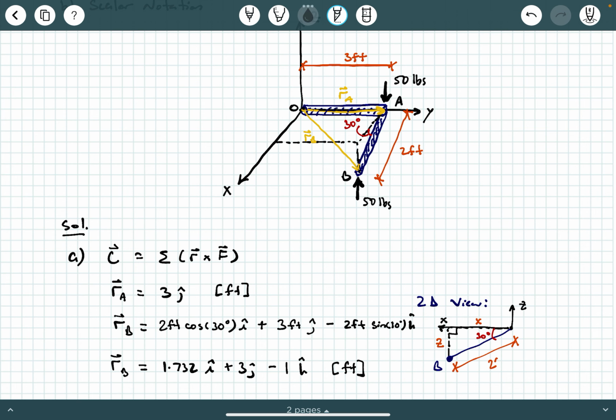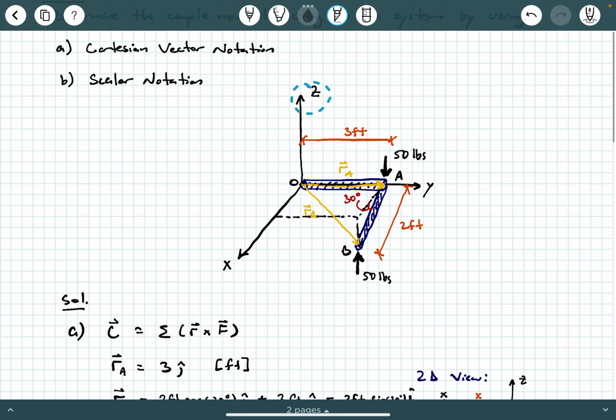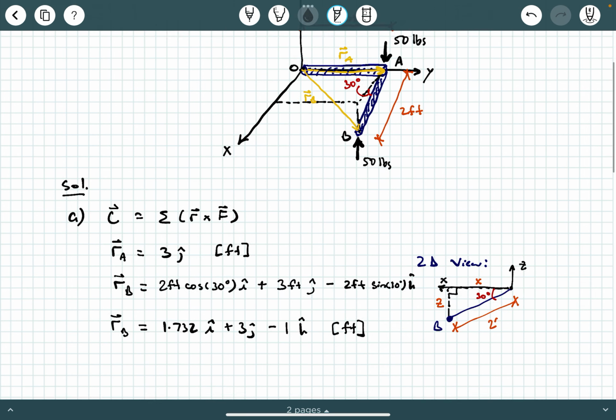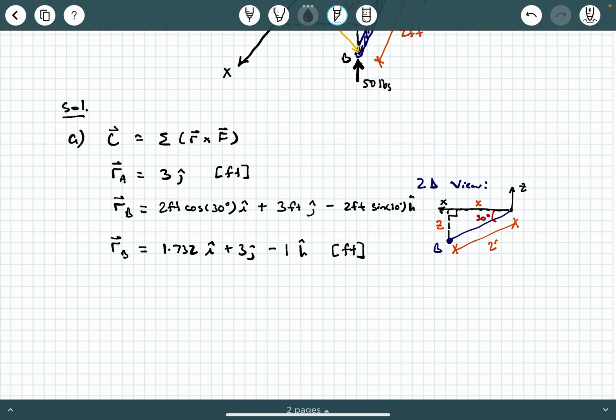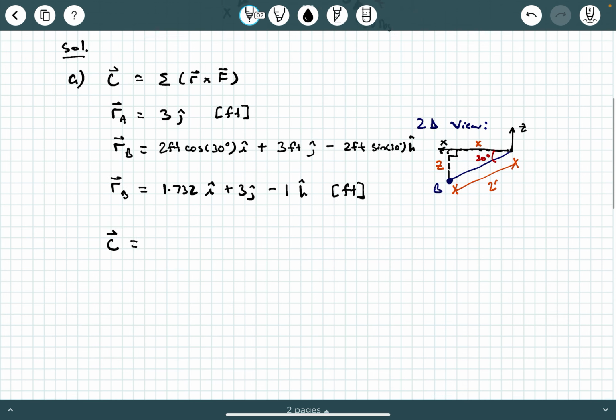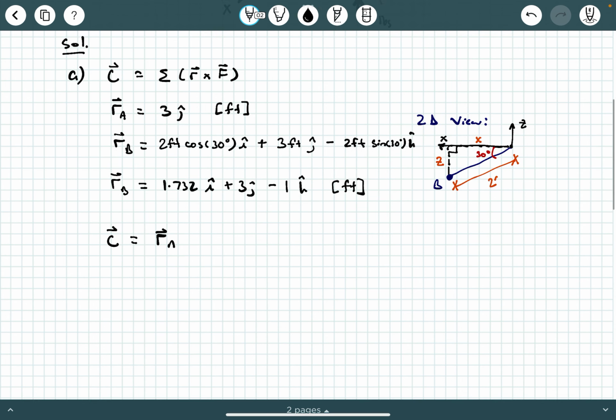Now, what about these force vectors F? Well, that's the 50 pounds. And in particular, each of these 50 pounds is only pointing in one direction. They're both only pointing in the z direction. One is negative and one is positive. So how can I piece all of this together? Well, what I will end up having is C equals RA crossed with the negative 50 pounds, and that's going to have a k component.